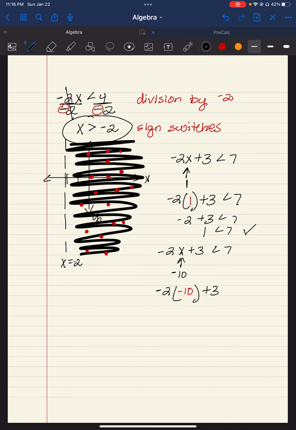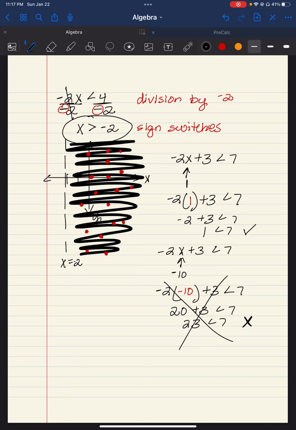Is that going to be less than 7? Well, when we multiply them together, a negative times a negative gives us a positive. So that's a positive 20 plus 3, so 23 is less than 7. Is that true? No, it's not. It doesn't work. The reason it doesn't work is because our answers for x have to be larger than -2.